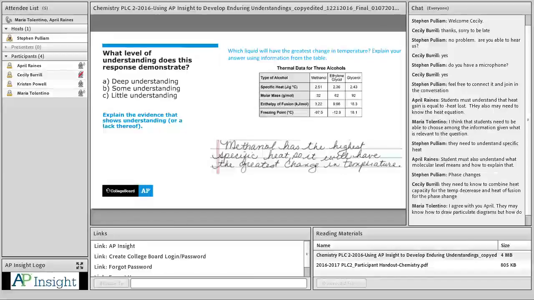They might have some understanding in that they knew to reference specific heat, but they didn't know how to handle specific heat properly to come to the right conclusion. They could have chosen, oddly, molar mass or enthalpy of fusion, but they at least knew the right thing to choose in terms of supporting their argument.